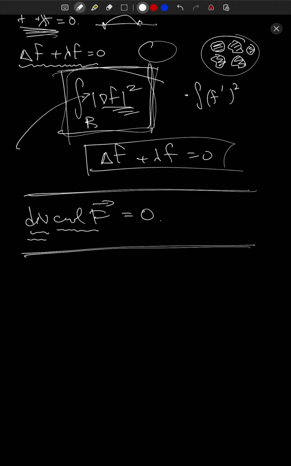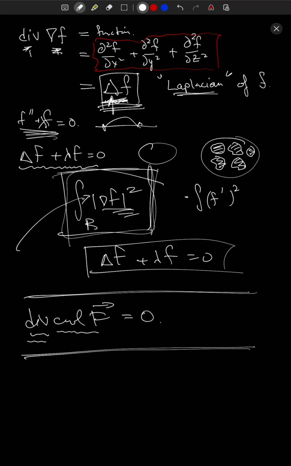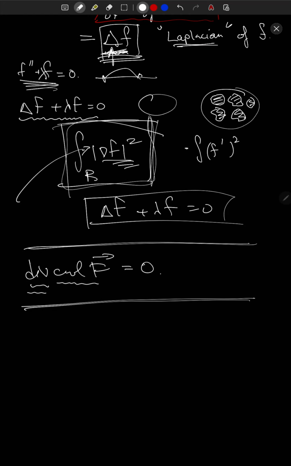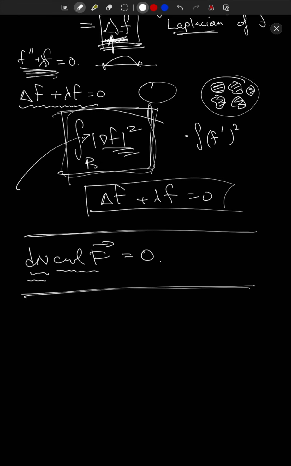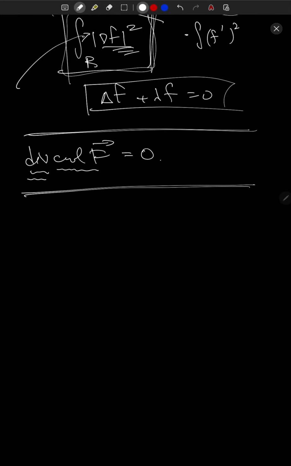Why is this one in particular zero, whereas the previous one, divergence of the gradient, is not zero? It can all be explained through this unifying idea that we're not going to go through today. But again, this one here is zero, no surprise at all, if you just write out the definition.